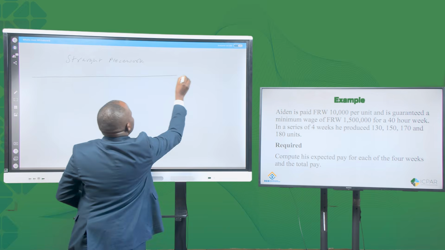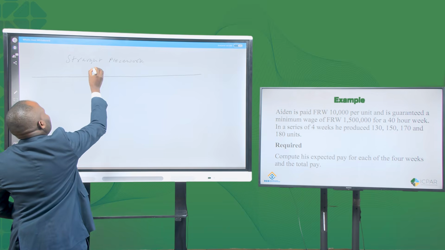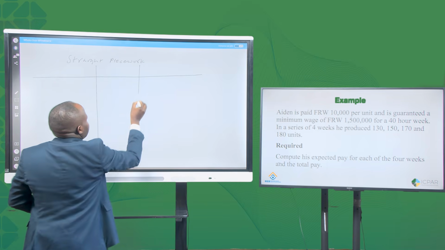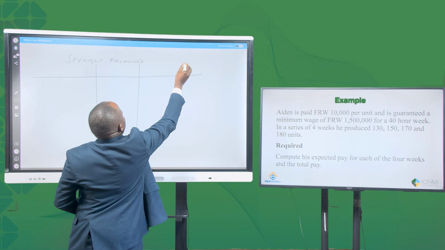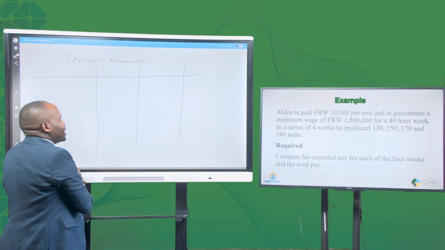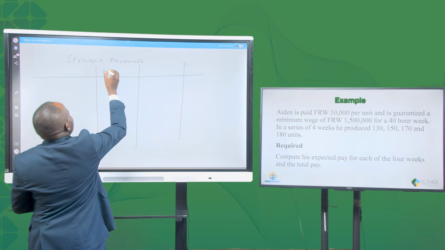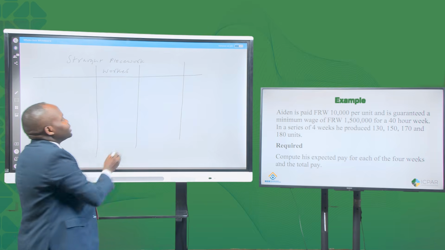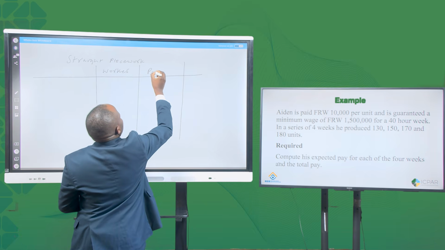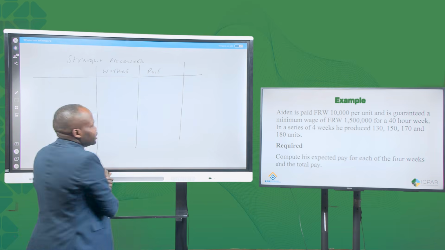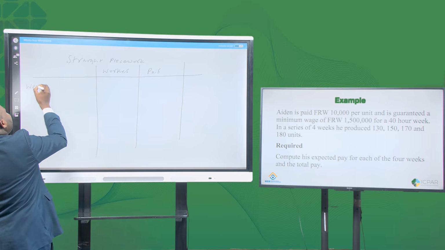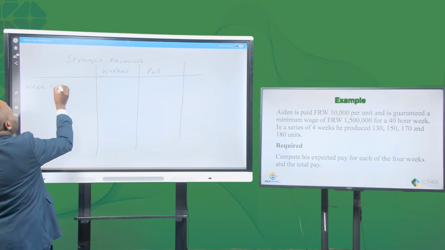So we are looking at each of the weeks. I'll analyze into 2: we will look at what they worked and how much they were paid. It's important to understand this concept. I'll start with week 1.